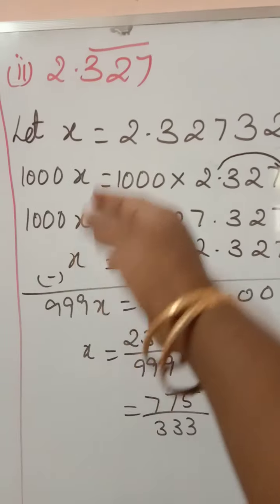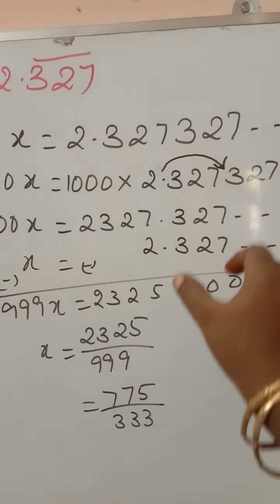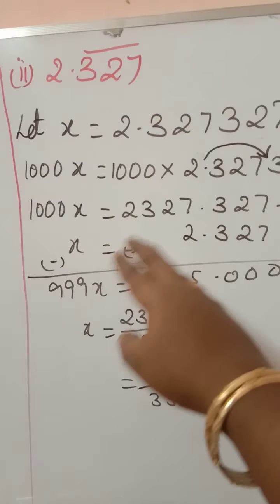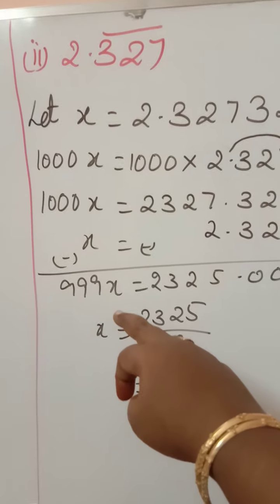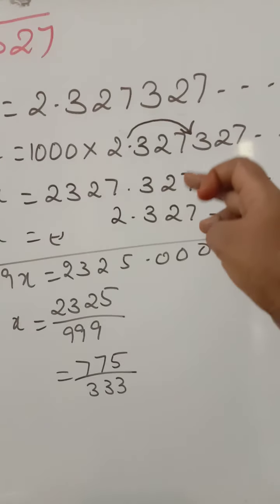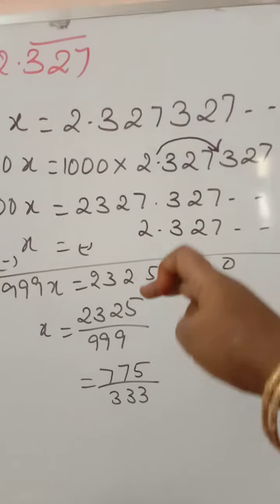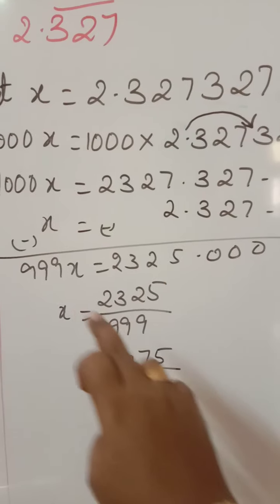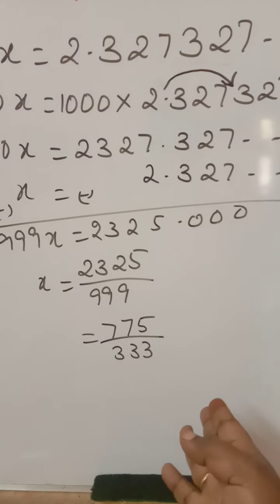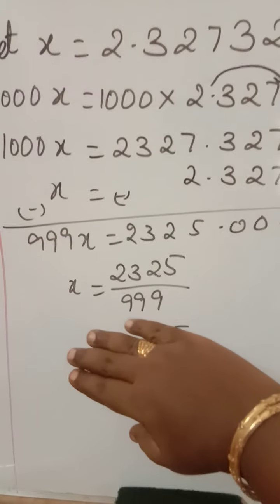Now again write x. Once the repeating numbers are there, that is enough, so 2.327, etc. Now we have to subtract. x we write as such. 1000 minus 1, so 999. On the right, subtraction is done as usual from the left. So x is equal to 2325 by 999. If you simplify by 3 table, you will get the answer. Otherwise, up to this it is enough.